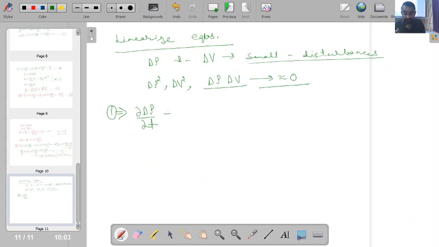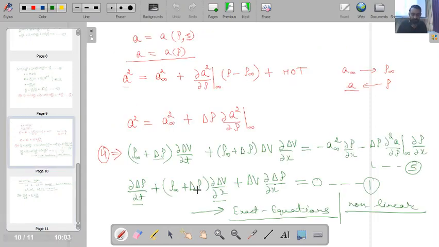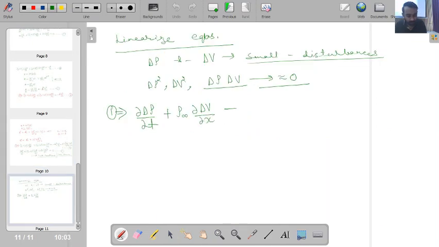Rho infinity is a finite number, that is the undisturbed gas density. What about this term? Delta rho will be getting multiplied with del by del x of del v, so that will be negligible, and this also will be small.